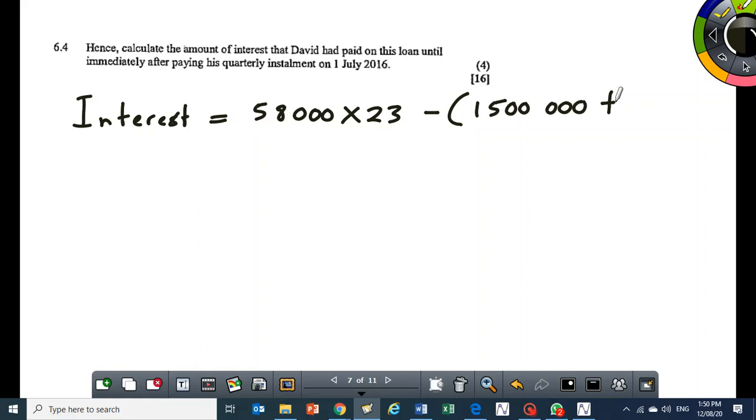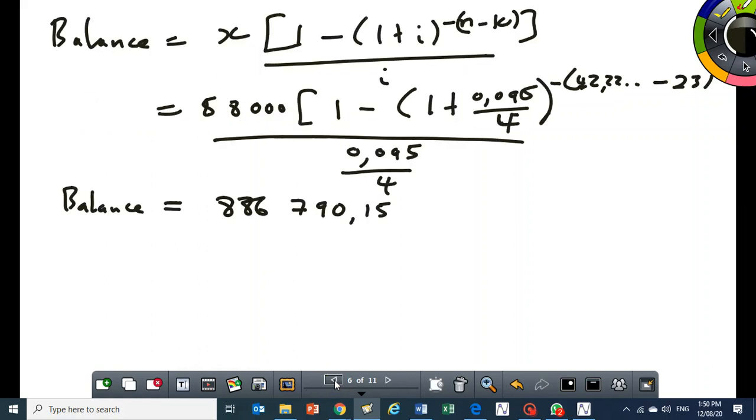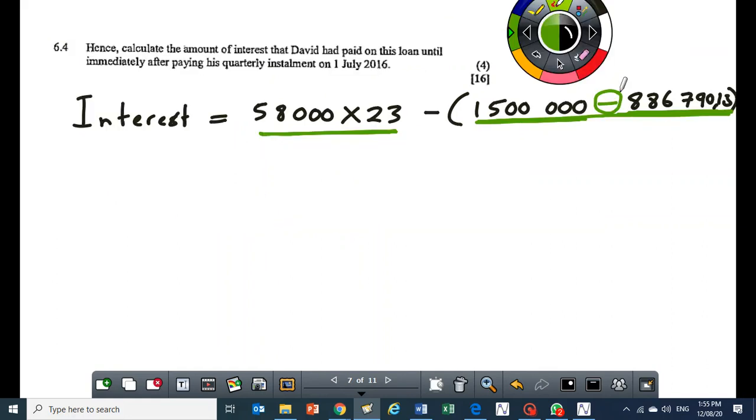The 23rd payment, we got it in the previous question. Okay, this part is a little bit tricky. This amount here, 886, up to the balance outstanding, this is the total amount that the person has paid, up to the balance outstanding, that is after the 23rd payment.